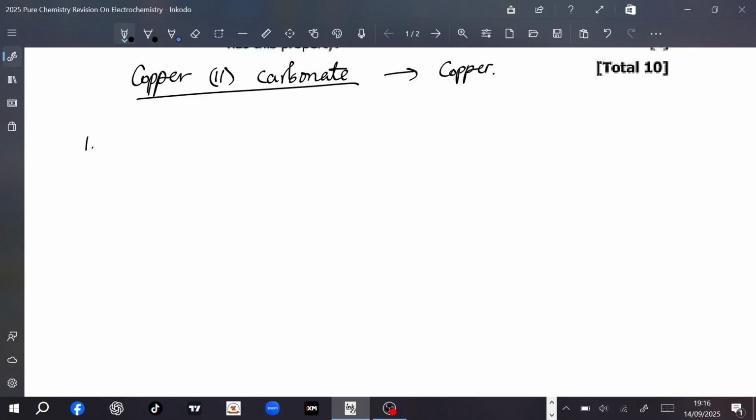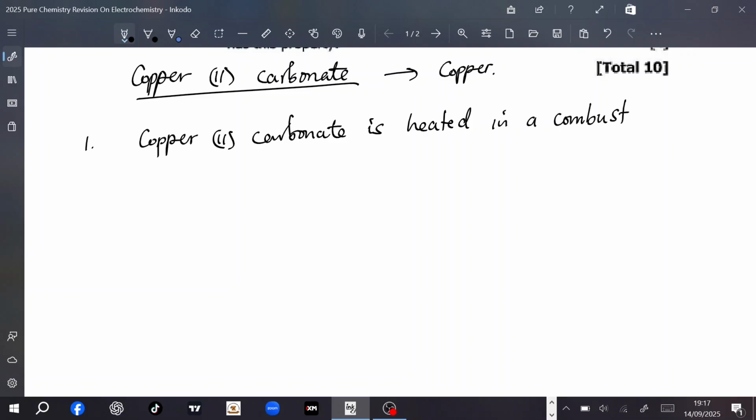So you can say copper 2 carbonate is heated, either you can say in a combustion tube, to form copper 2 oxide and carbon dioxide.